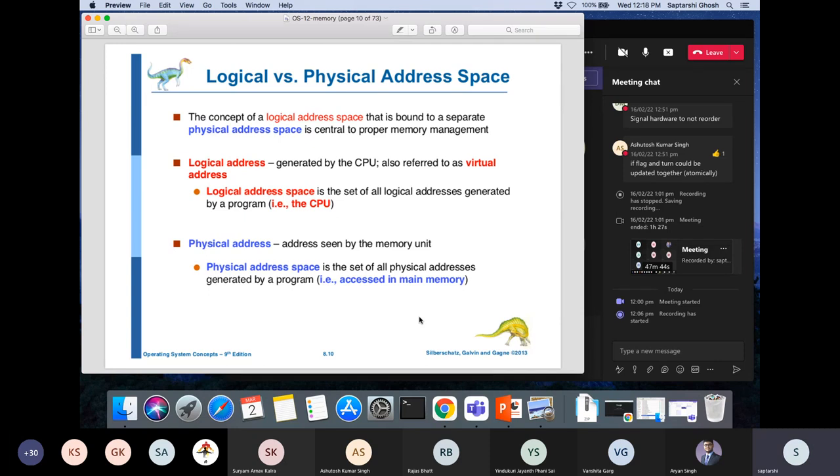The logical address space is what the programmer sees. The addresses generated by the program executing on the CPU are called logical addresses, or sometimes virtual addresses. The logical address space is the set of all logical addresses generated by a program, which starts from 0.